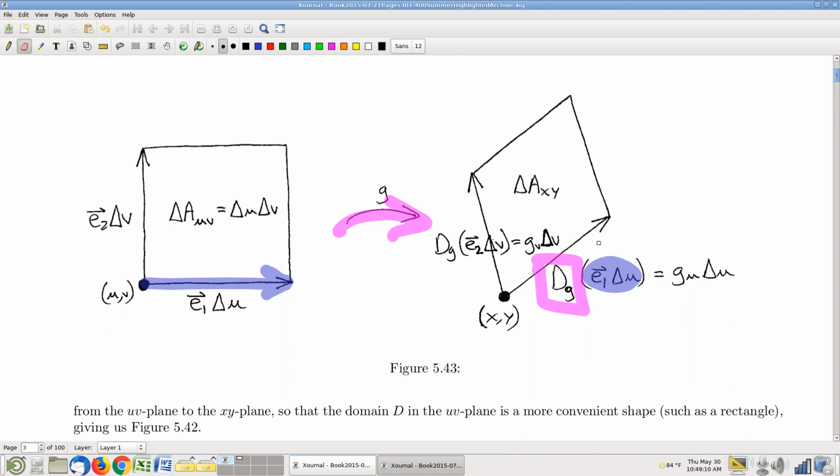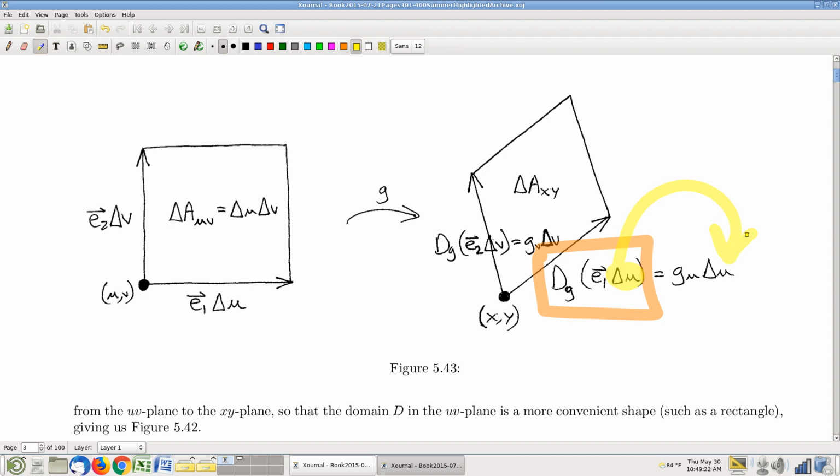Okay, now let's look at this thing here. We have a scalar, delta U. It's going to factor out. And what's left over, again, familiar.